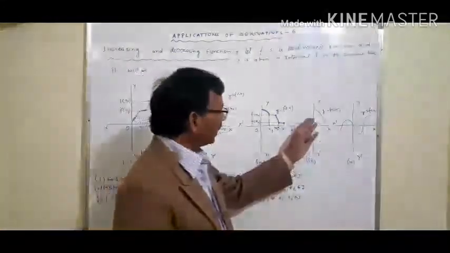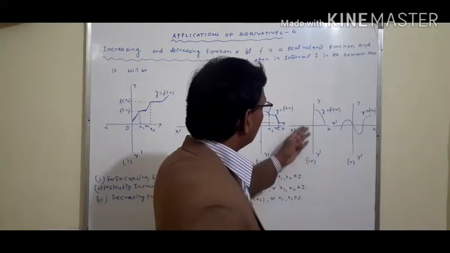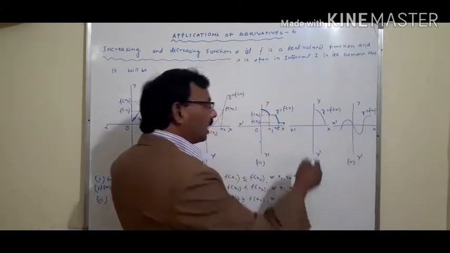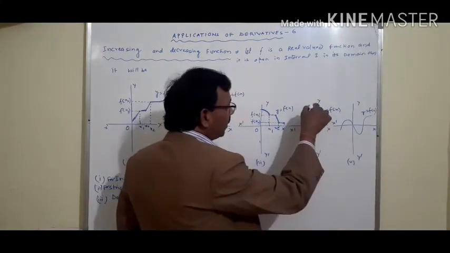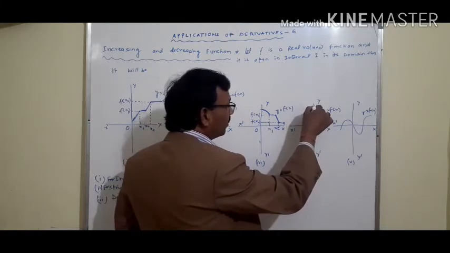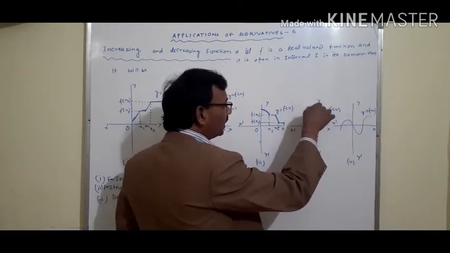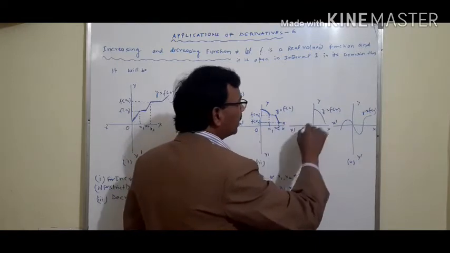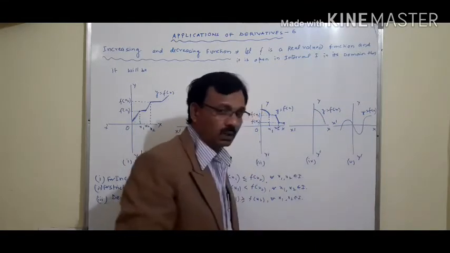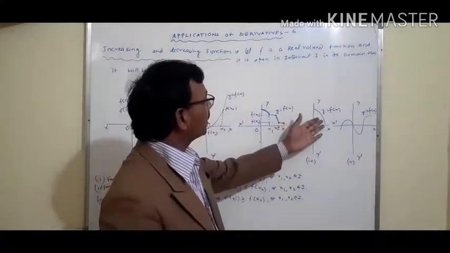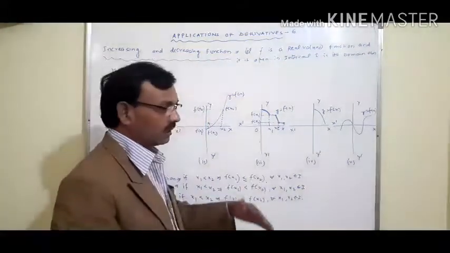Now we take the fourth graph. In this graph, the function decreases from here and keeps decreasing, non-stop, non-equal. This type of function is known as strictly decreasing.